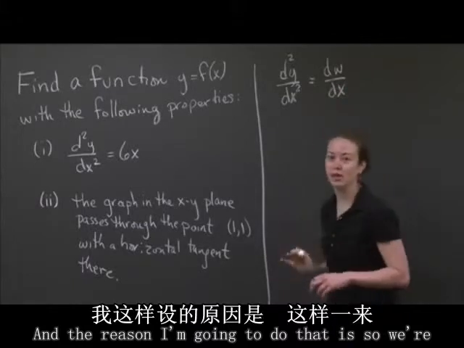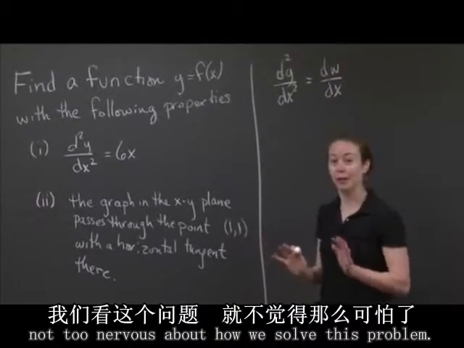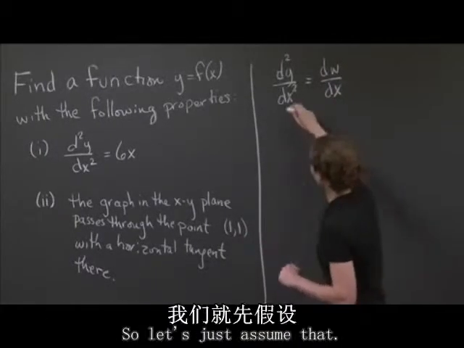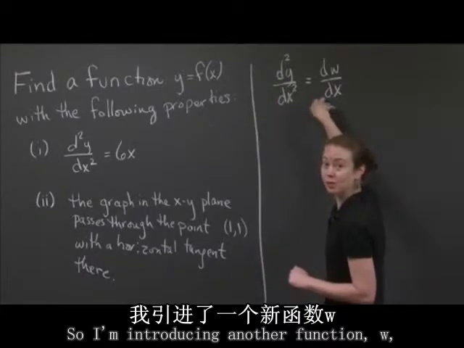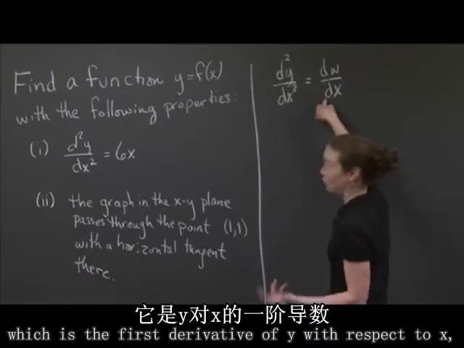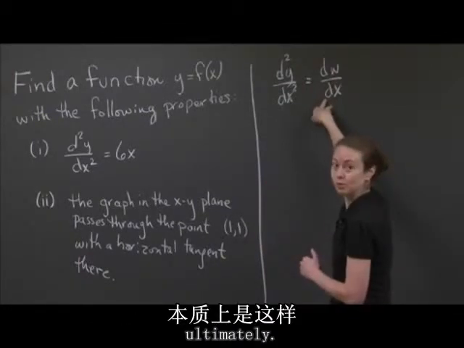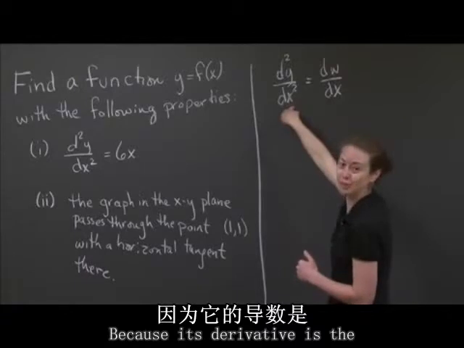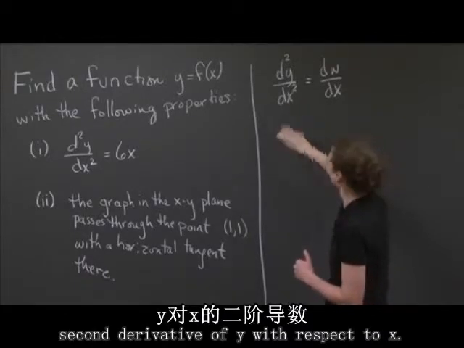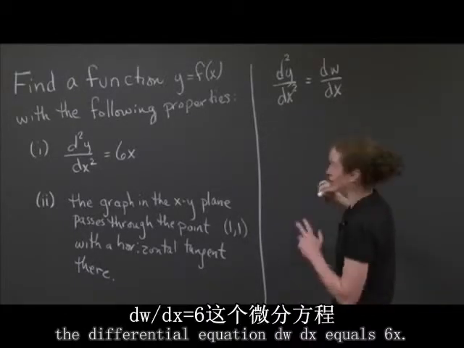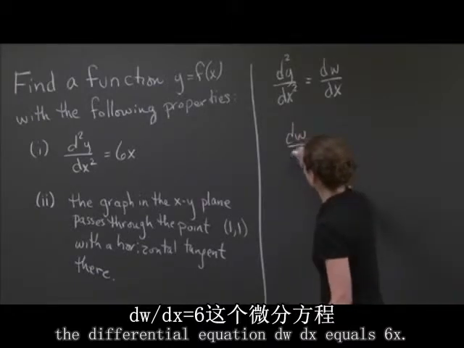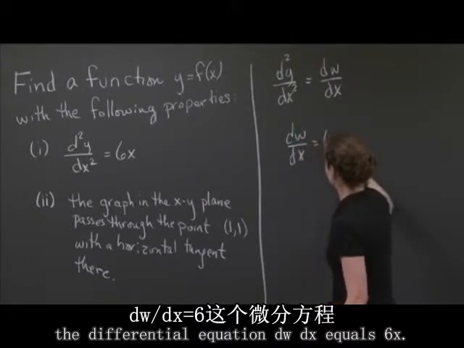And the reason I'm going to do that is so we're not too nervous about how we solve this problem. So let's just assume that. So I'm introducing another function w, which is the first derivative of y with respect to x ultimately, because its derivative is the second derivative of y with respect to x. So let's see how to solve the differential equation dw dx equals 6x.